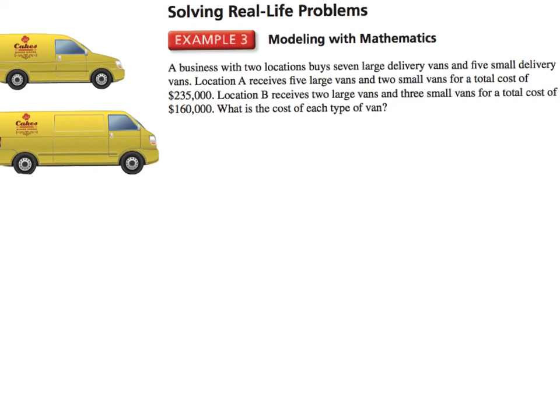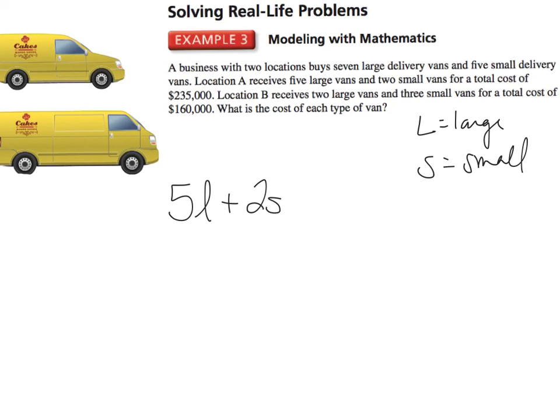So I'm going to do L for large and S for small. So let's see here. Location A receives 5 large vans, I'm going to do it in cursive, 5 large plus 2 small equals $235,000.